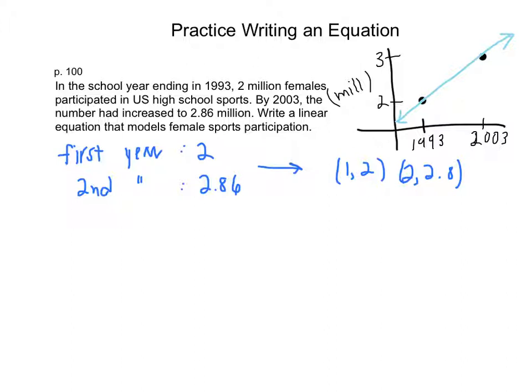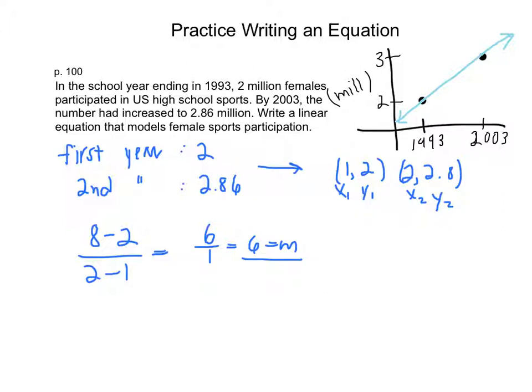Like the last problem, we'll find the slope first from these 2 values. Let's label them x sub 1, y sub 1, x sub 2, y sub 2, and then plug them in. So 8 minus 2 over 2 minus 1 equals 6 over 1 equals 6 is our m. Then we plug it into y minus y sub 1 equals m times x minus x sub 1.